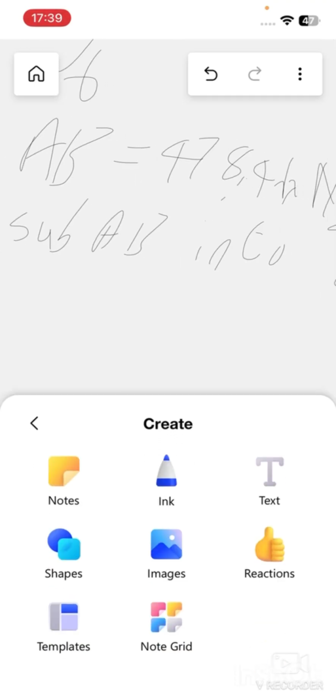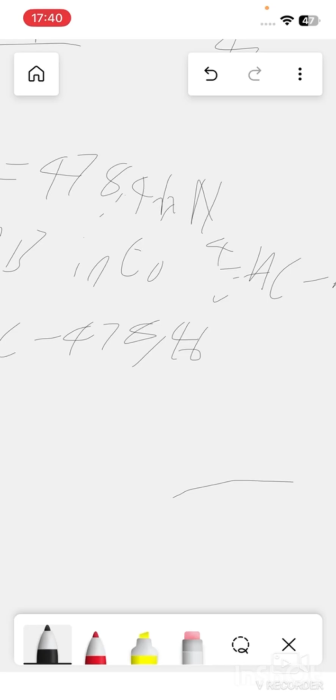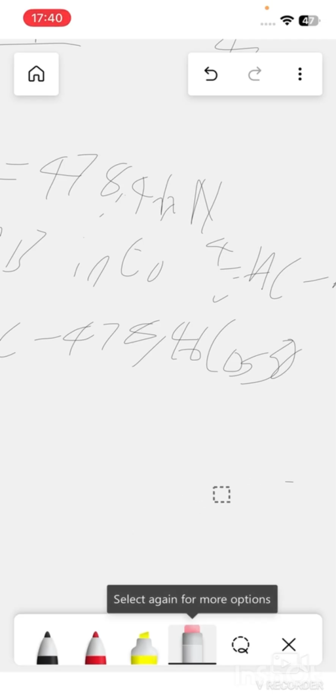We're going to have 4 over 5 AC. We substituted here on AB, so we're going to have minus 478.46 cos 30, we know it's equal to 0.